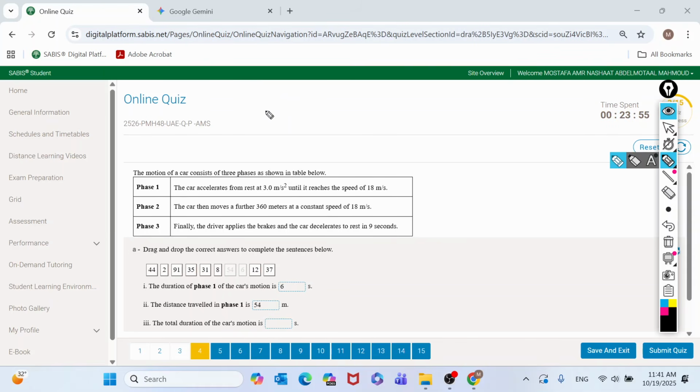So delta x equals v t. 360 equals 18 times t.